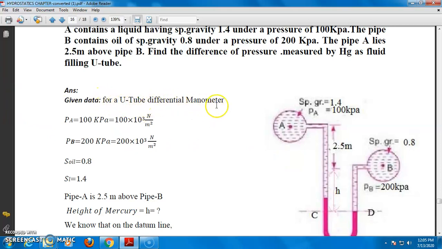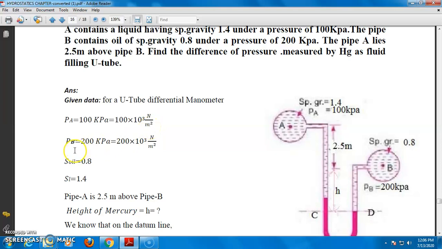This is the U-tube differential manometer. The pressure PA, the pressure of pipe A, is 100 kilopascal. Then you have to convert it into pascal: 100 into 10 to the power 3 Newton per meter square.